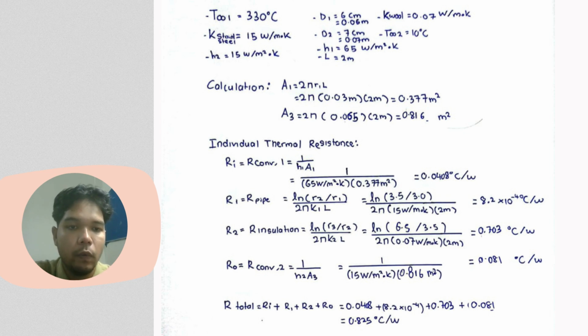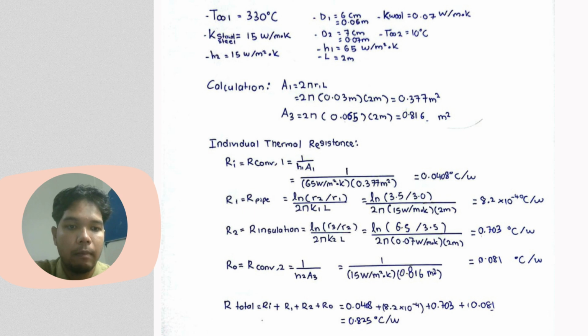After that, we need to find the individual thermal resistances. There are 4 different thermal resistances that we are going to find, which are R convection 1, R pipe, R insulation, and R convection 2. For R convection, the equation is 1 over h1 A1.